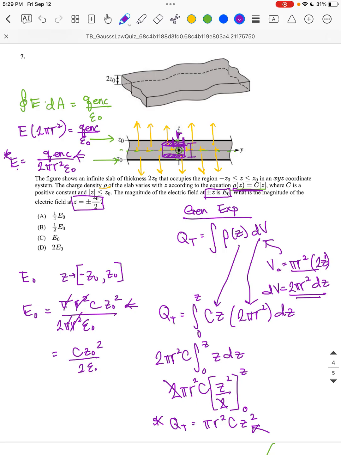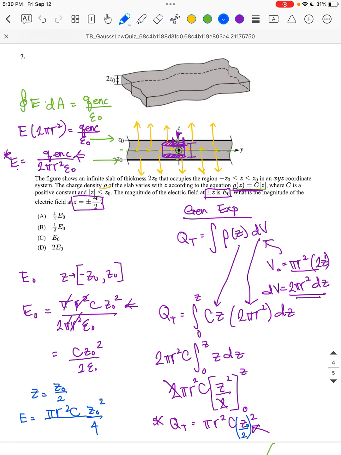When I do the next piece, which is when z is equal to z naught over 2, I'm going to use the same expression, except now I've got z naught over 2 here, and that gives me Q enclosed of pi r squared c z naught squared over 4.